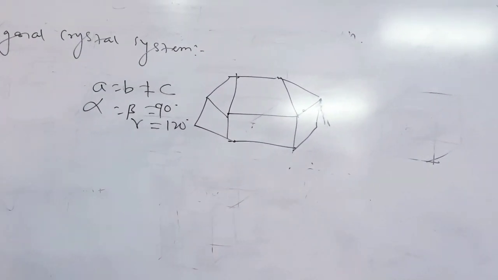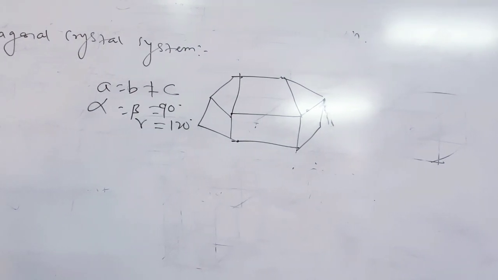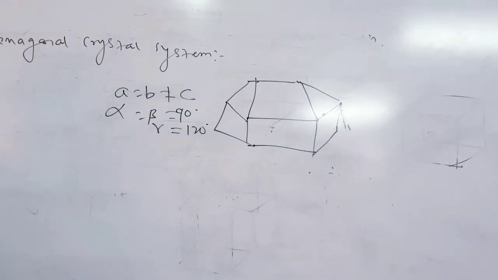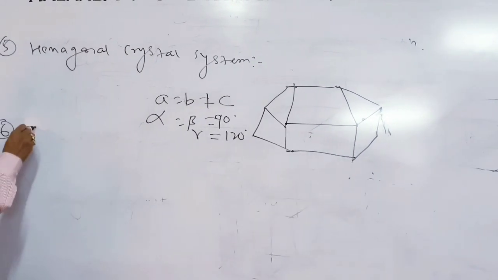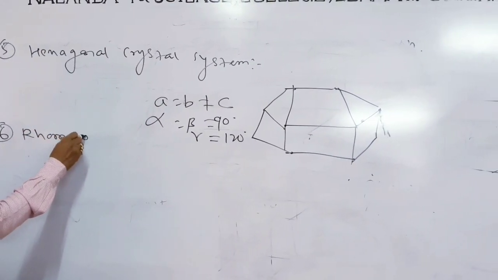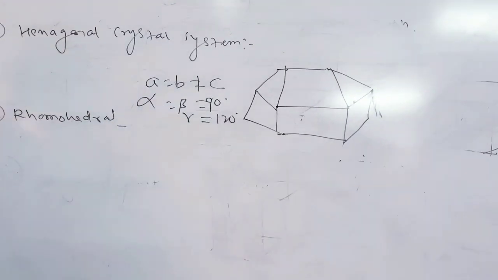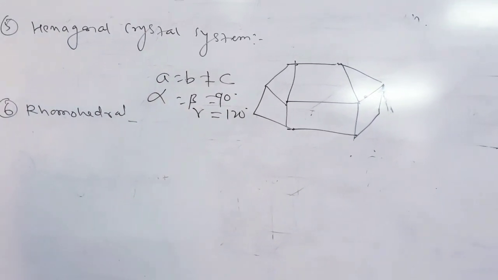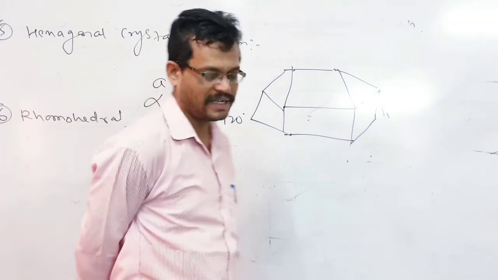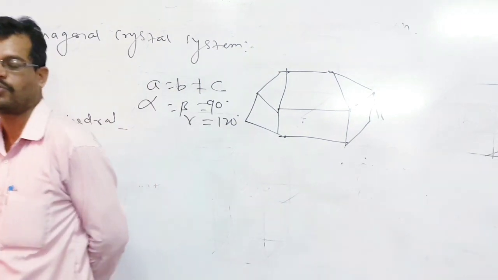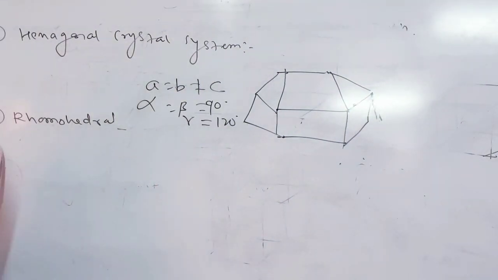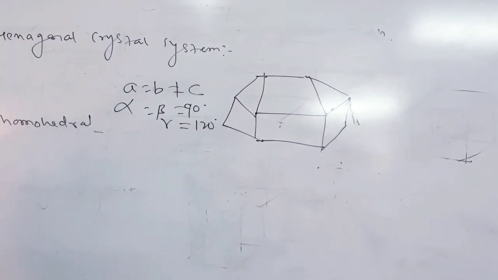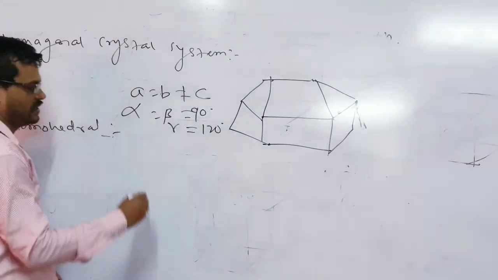Similarly, let us come to the next, the rhombohedral system. In rhombohedral systems, there are differences in the bond angles as well as the bond lengths. In this case, none of the angles are 90 degrees, but the lengths are equal.